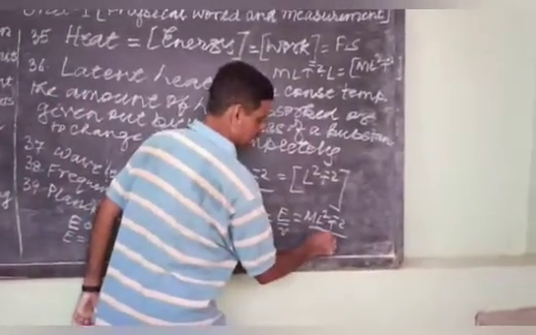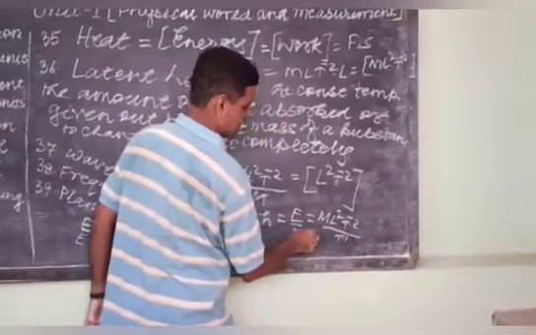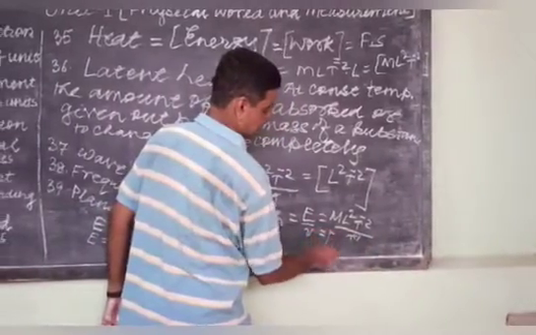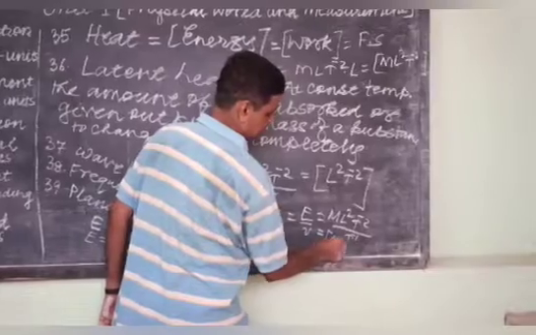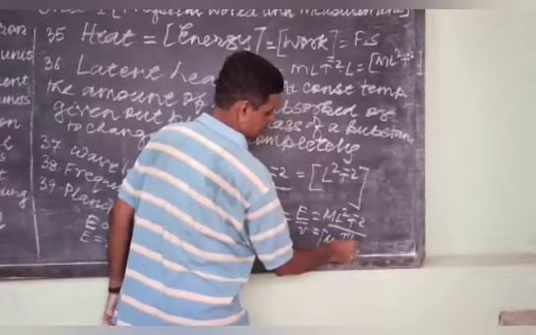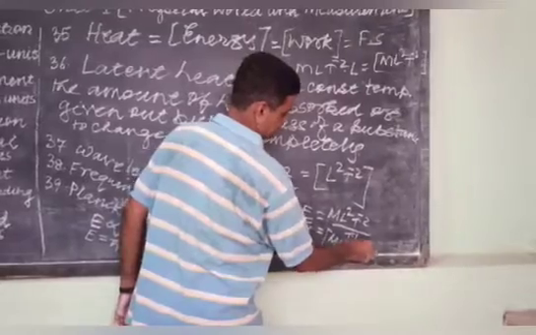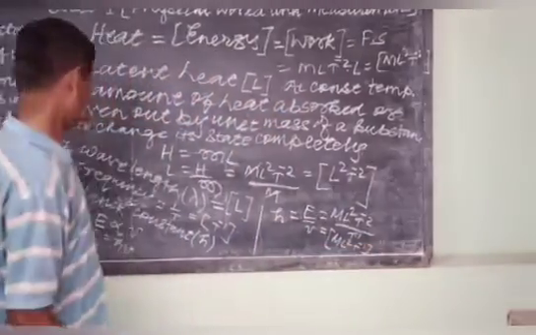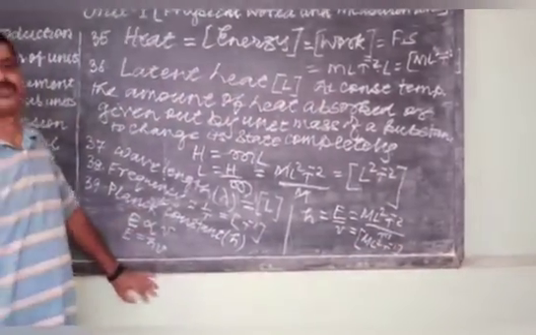Finally we will write m L square t to the power minus 1. This is the dimension of Planck's constant.